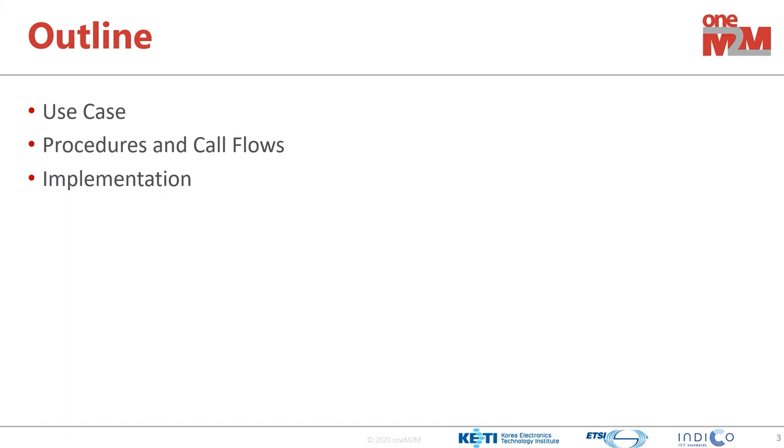There's a simple use case from TR25, which is basically the smart home service. I'm going to explain the procedures and the call flows that we are going to implement, and then finally the implementation. We are not going to have a source code level implementation, but we will implement the service with Postman and the oneM2M platform.